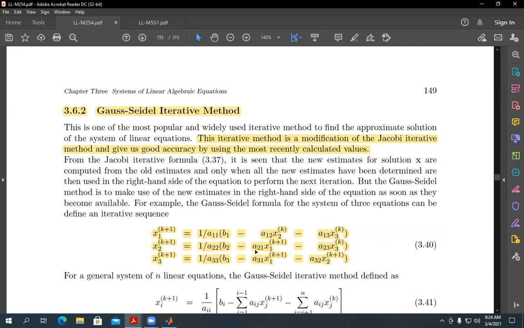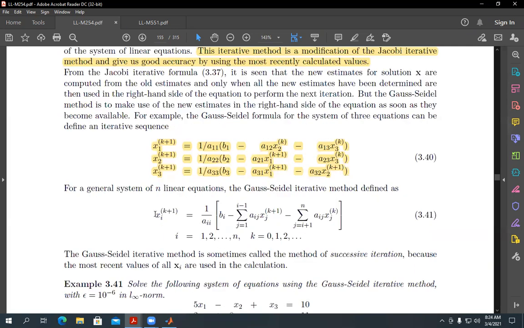But here, when we find x1 k plus 1 from the first step and use it to find x2, we use the new value of x1, which is k plus 1, not k. k is the initial approximation given by the teacher. And this is the formula for n linear equations.